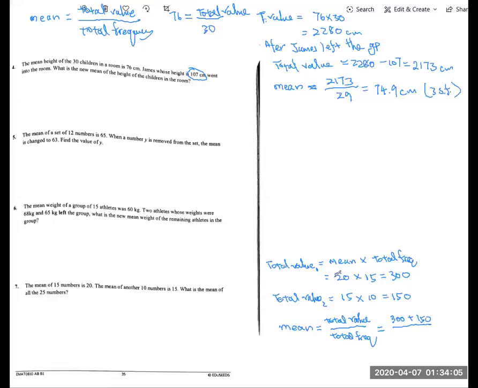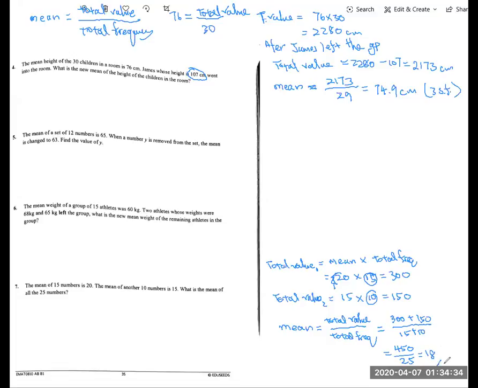The first group has 15 of them, the second group has 10 of them. So the total frequency is 15 plus 10. Altogether, 450 divided by 25. Okay? So if you divide, you get 18.